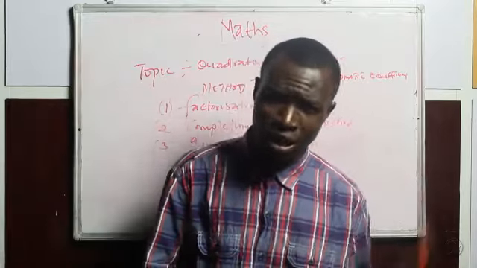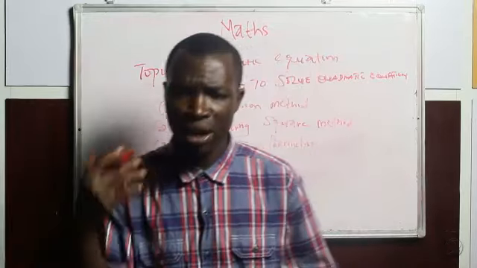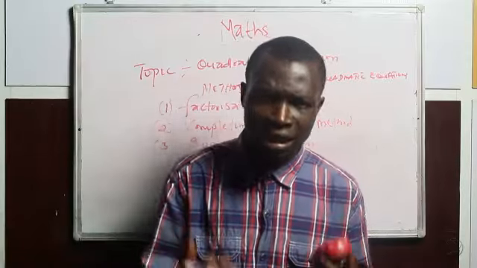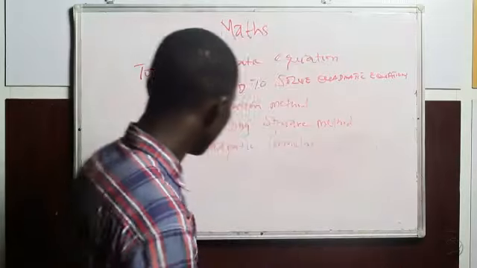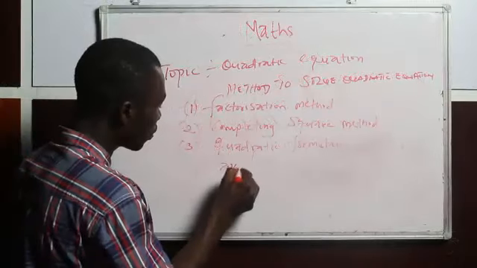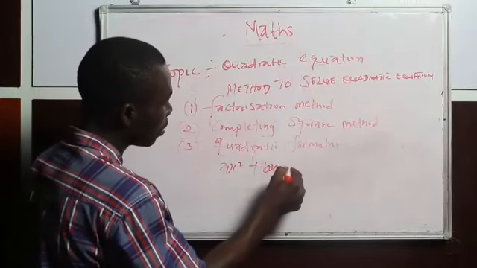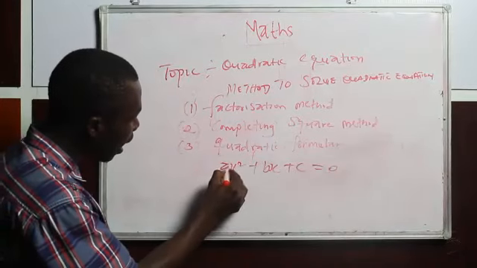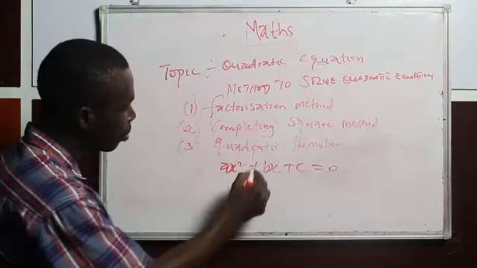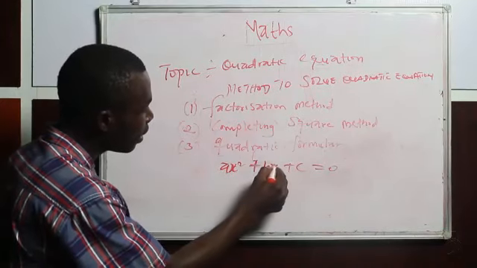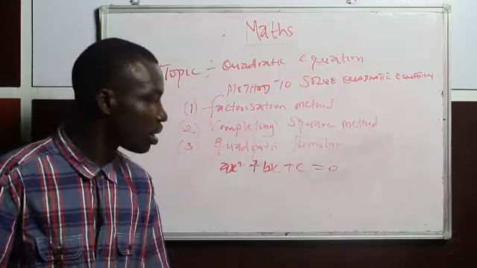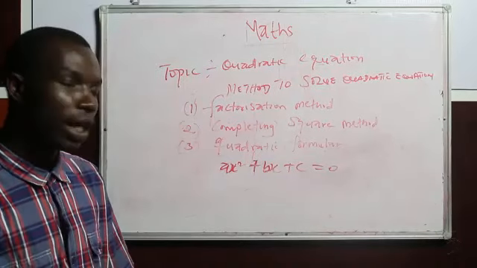Now, what is a quadratic equation? A quadratic equation is an equation that satisfies the expression ax squared plus bx plus c equal to 0.